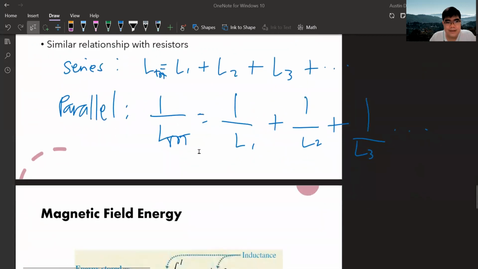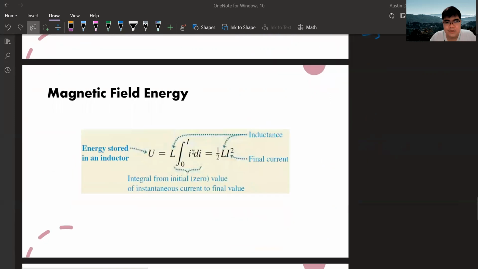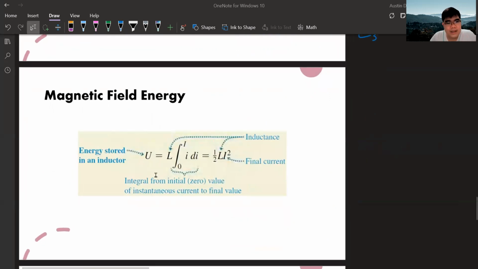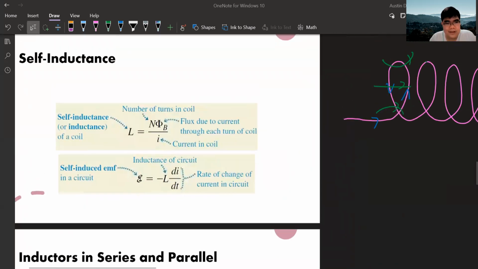Okay. And then, as I've said a while ago, the inductors, they carry energy, just like your capacitors. Okay, so the energy stored in an inductor is given by this one. Okay? So, L dI/dt. Tapos, that's the voltage, di ba?